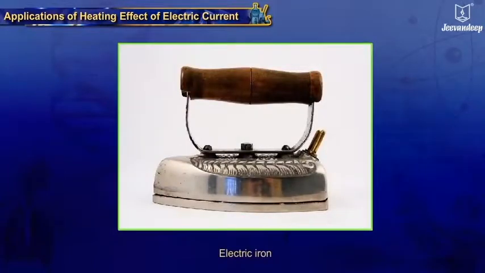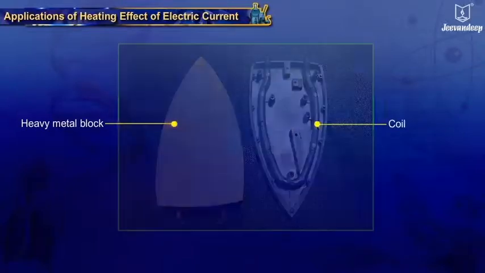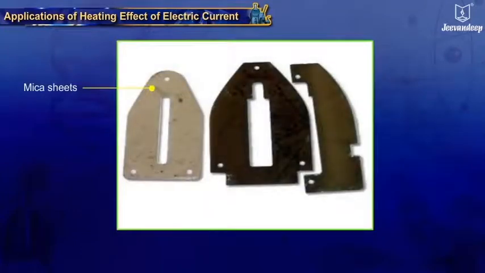An electric iron consists of a heavy metal block enclosing a coil of high resistance covered by mica sheets, which are bad conductors of electricity but good conductors of heat.